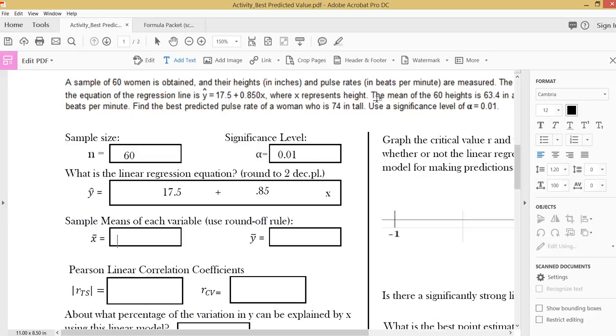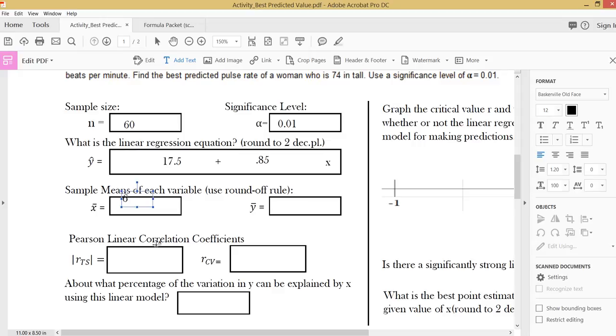So we have a mean of the heights of 63.4. So x bar, the mean of the heights, would be 63.4, and that's a height in inches.